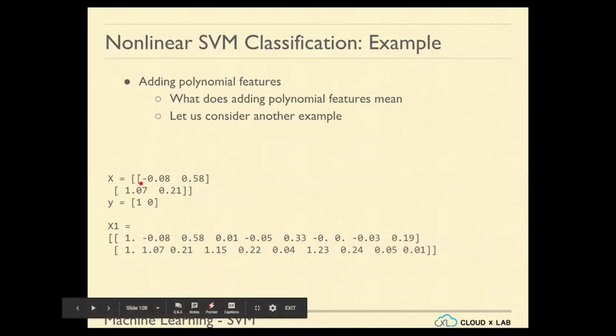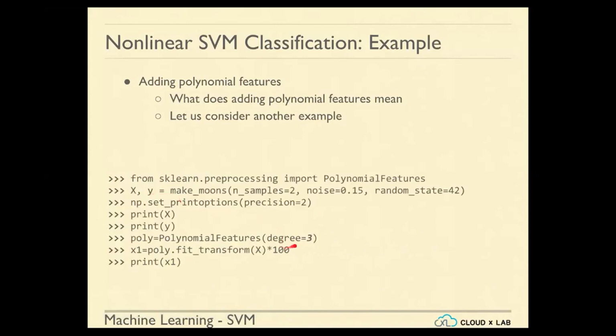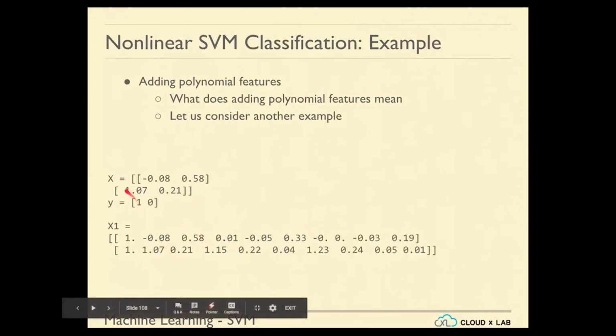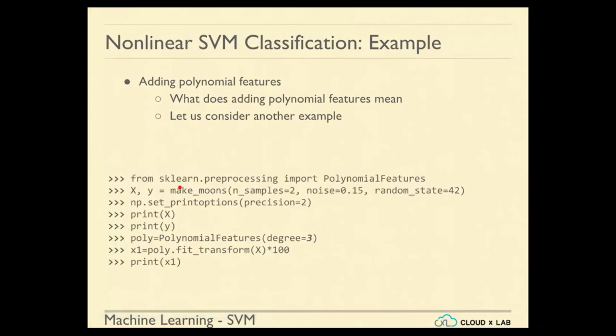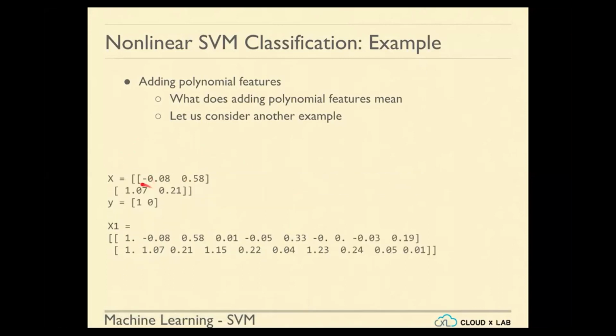How many columns are going to be in X? 2 columns, right? So it has 2 columns, 2 instances. When I say make moons with samples as 2, we got these 2 records. This is one record, this is another record. 1 belongs to the first class, 0 belongs to the second class.